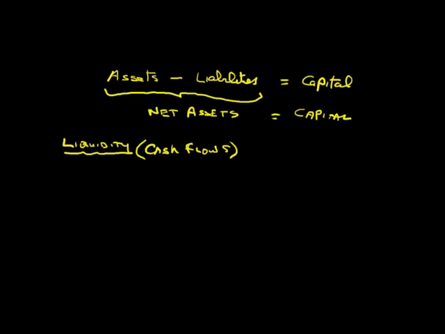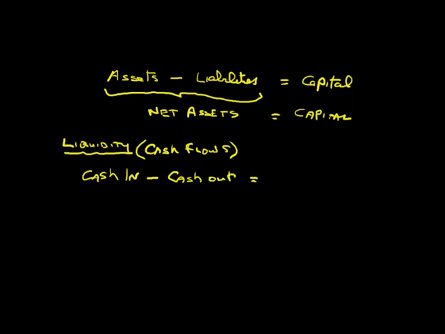So what kind of equation might we have here? Well, the liquidity can be measured by looking at the cash in during the period, whether that period is in the future or the past, which will depend on whether we're doing accounting or financial management. But we look at the cash in, and we look at the cash out of the business.